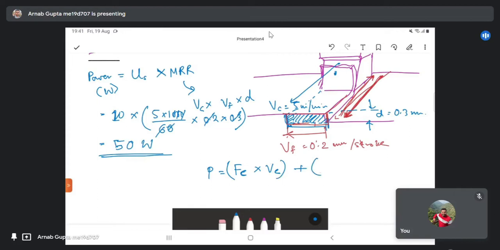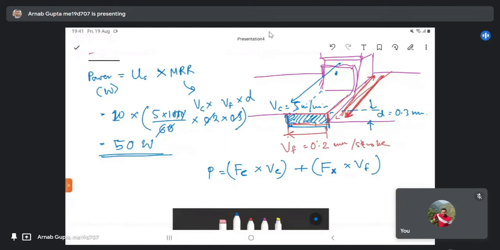Plus you also have another component, right? Along the feed direction, say that is x direction, into feed velocity. So in case of turning operations, this is shaping, but in case of turning operations, you can also approach the problem in this manner. Suppose you know the values of Fc and Vc and also Fx and Vf, then also you can find out power from there.